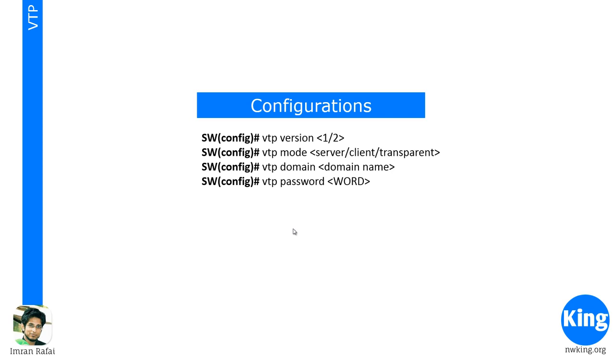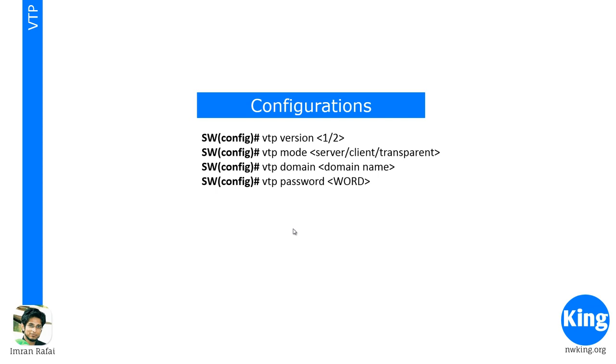VTP transparent mode is a mode where they don't participate in VTP advertisement. They take the advertisement, they don't apply it to their VLAN database, they just forward it. So they're more like a relay. That is the closest to turning VTP off. There's nothing called VTP disable; it is like making the device VTP transparent.